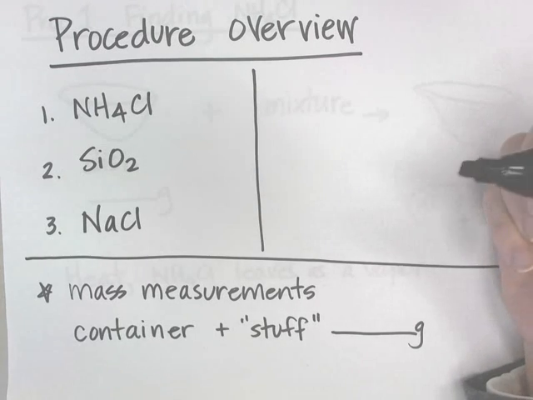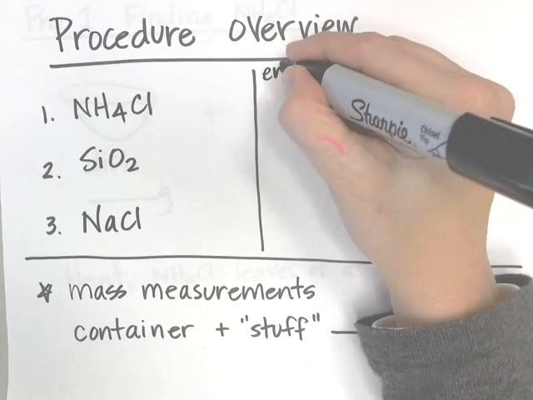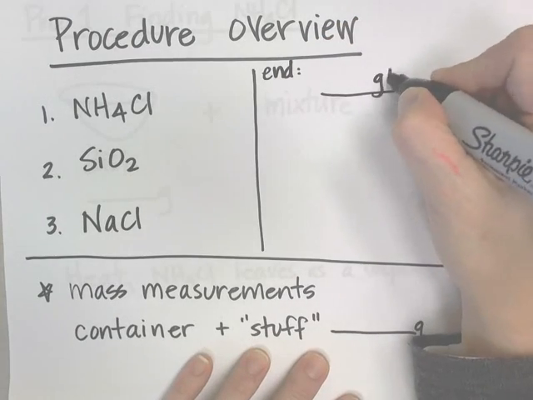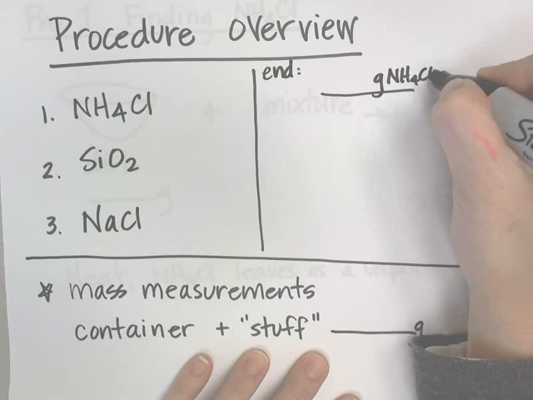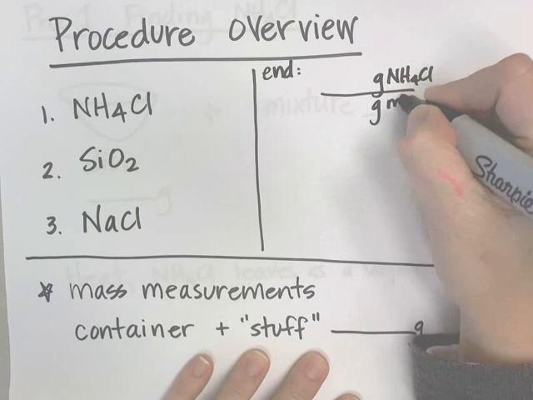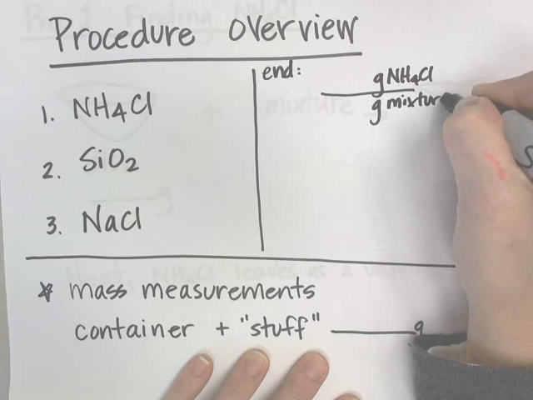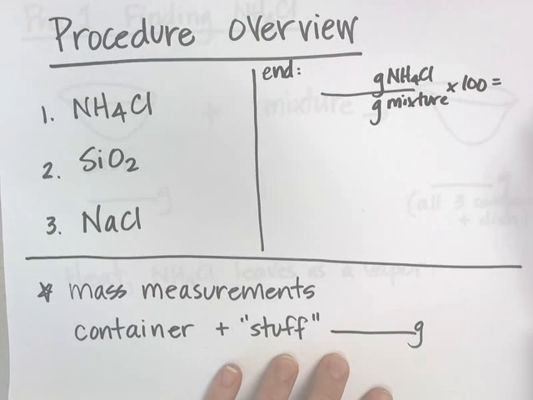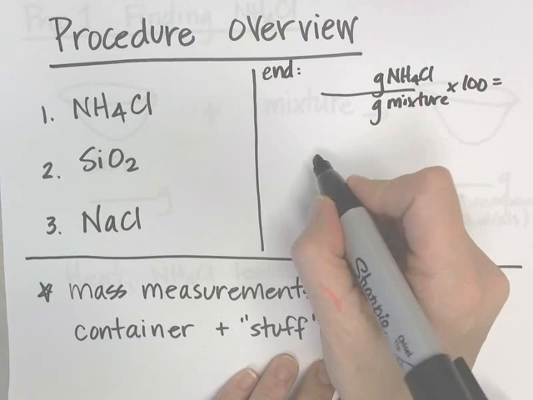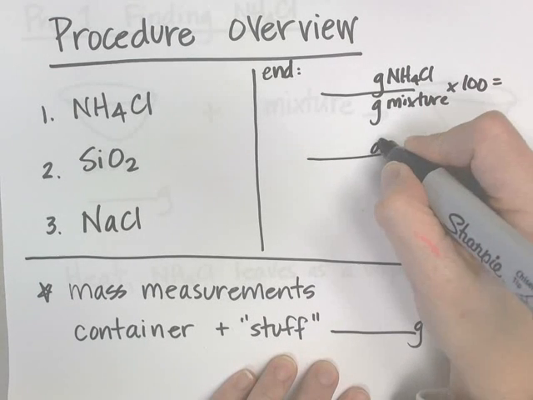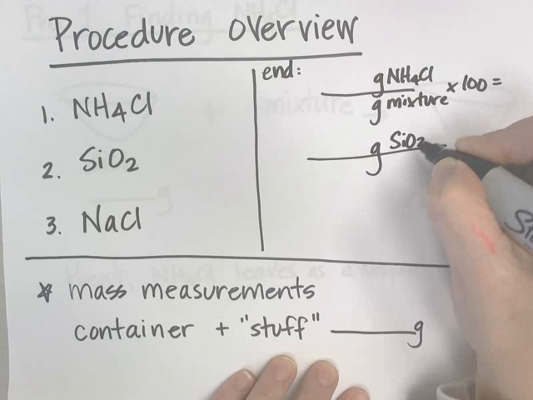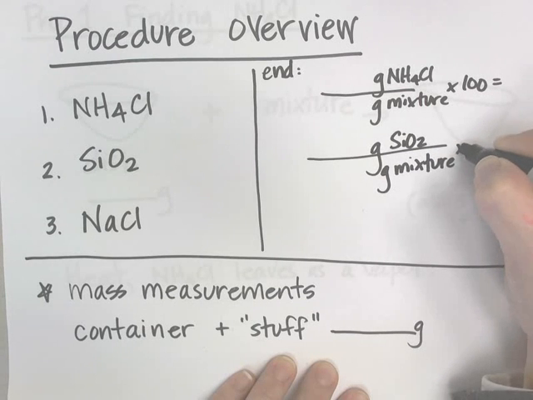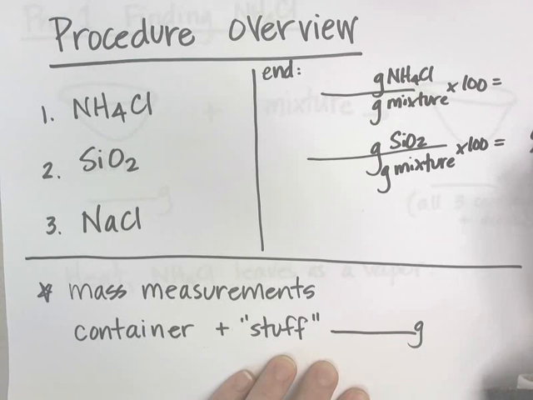So what we are after by the end of this is to know, okay, how much NH4Cl is there out of the whole mixture, multiply by 100, and that will give us the percent of this first compound. And then we'll follow similarly with the SiO2, grams of the mixture times 100.